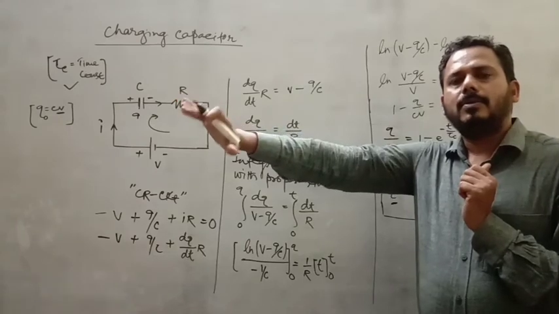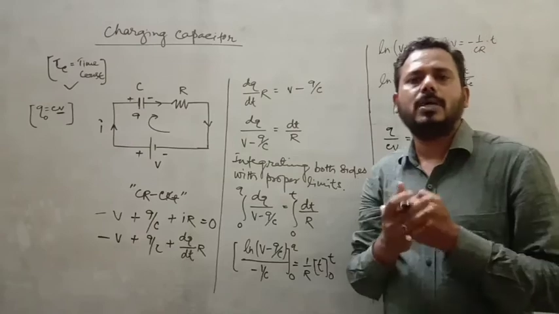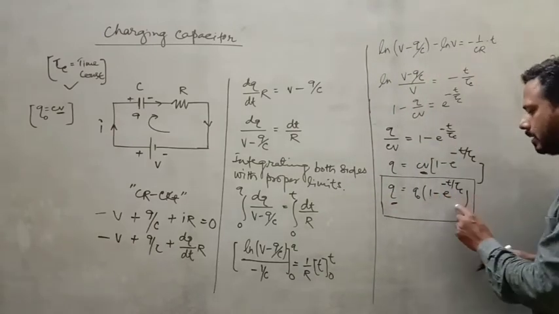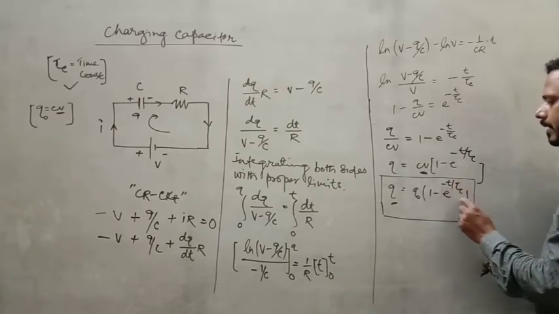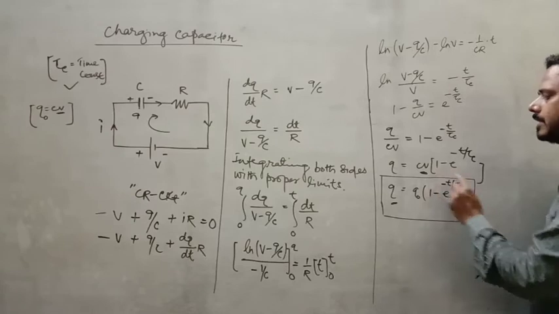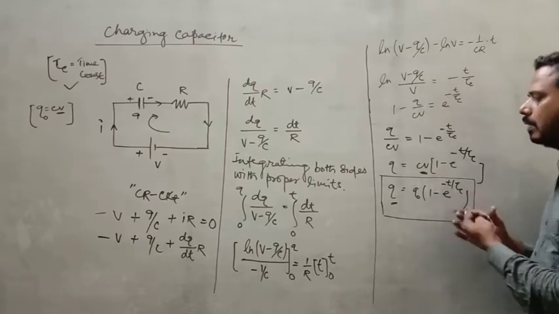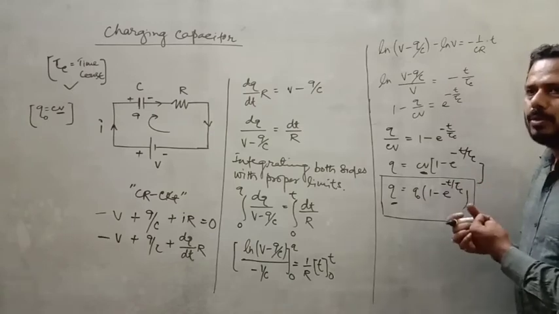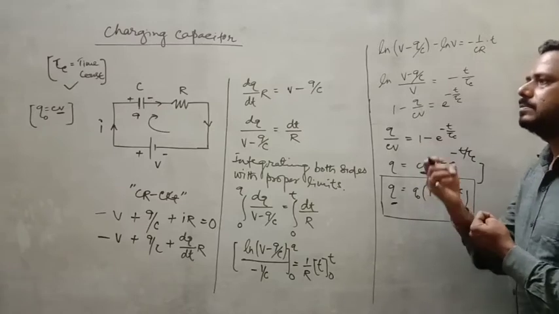Your capacitor will take infinite time to store the maximum charge q naught. But according to this equation, 1 minus e to the power minus t by tau c, which is an exponential equation, we can calculate how much charge is stored in a finite time, that is at time t.